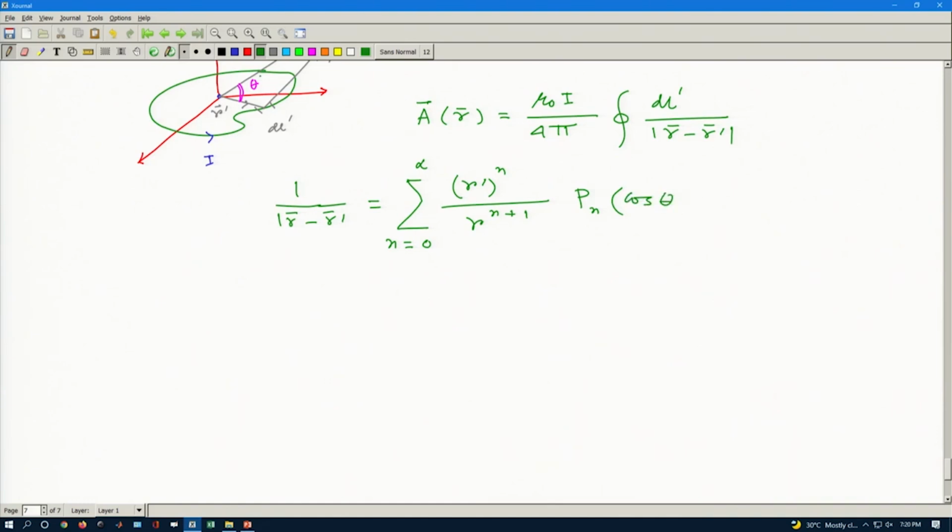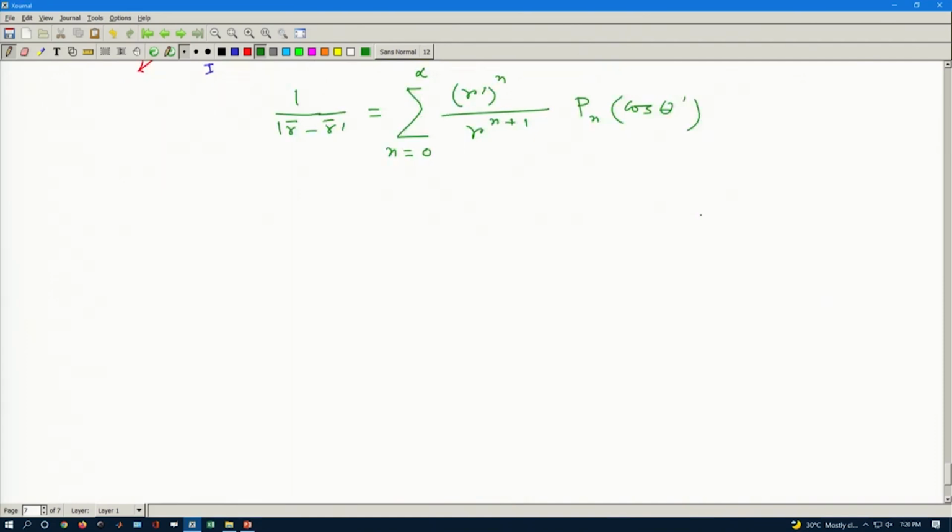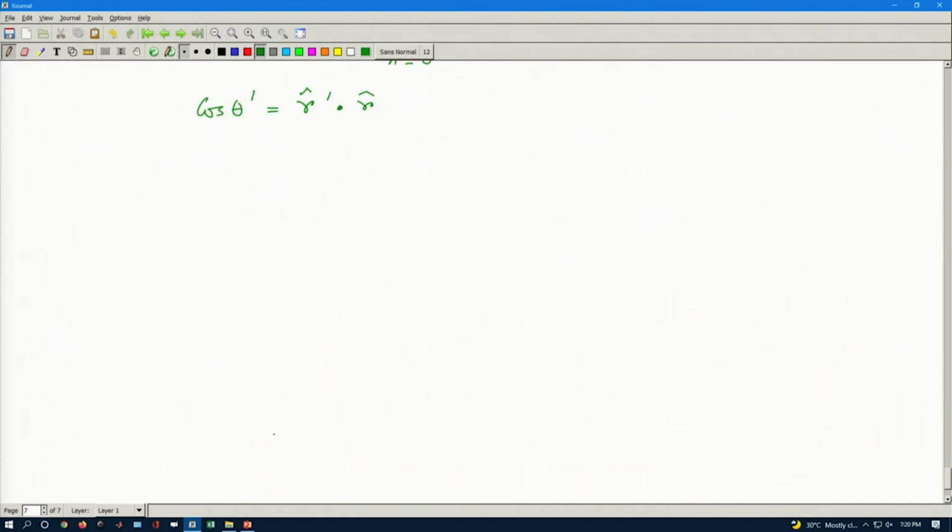Maybe I can put theta prime, because everything is in the primed frame, and cos theta prime is simply r prime dot r unit vector. So what is my A finally?